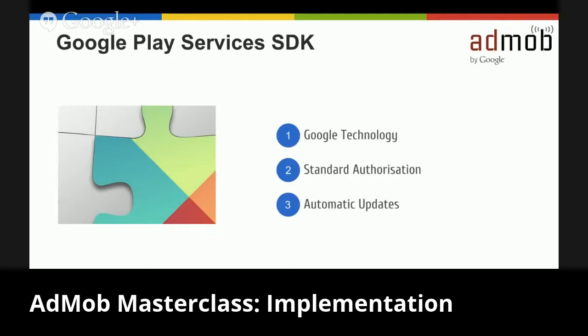For example, one great feature that we've got is automatic updates. If we make a push to the SDK, which is going to make an improvement, perhaps it fixes a bug or it makes a new feature advancement, then you don't need to push that update to your users, we'll push it to them. So that means that now you can be using the latest features from AdMob without needing the users to update your app. And this is a really great new feature that our developers have been calling for. We're really proud to bring this to you with the Google Services SDK.